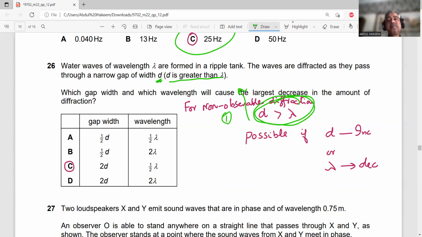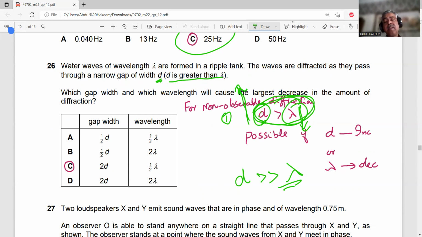Number one option. Number two, if we keep D the same, lambda must be decreasing. And the third option is increase D and decrease lambda, because we have to keep D very large as compared to lambda.